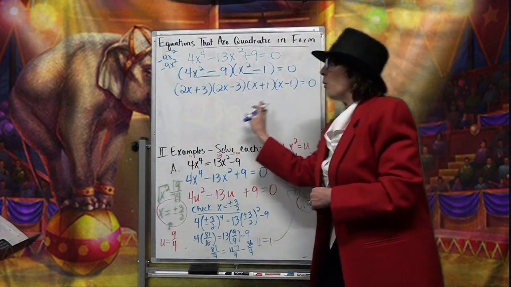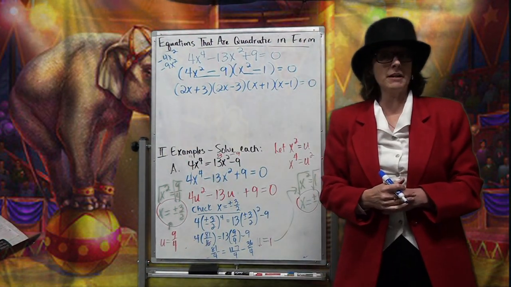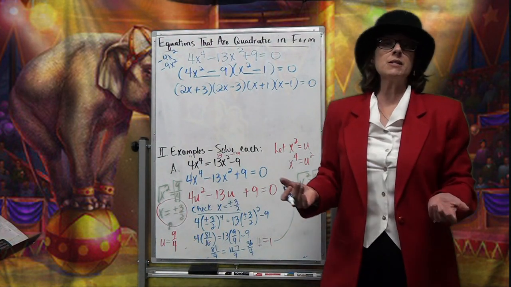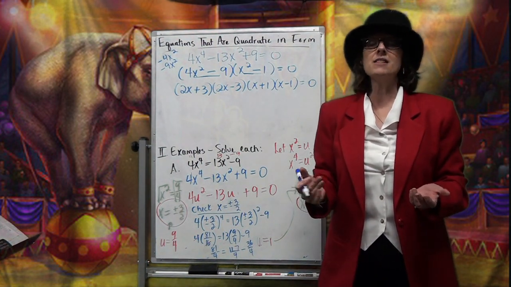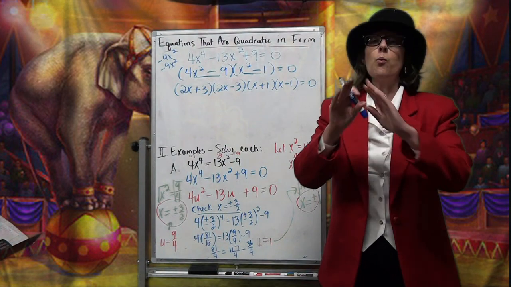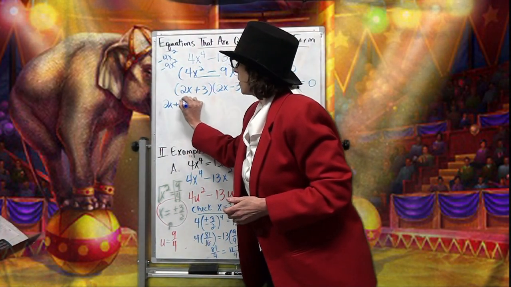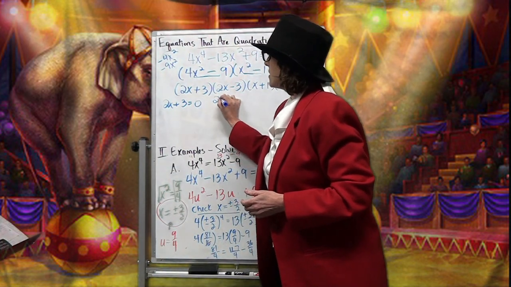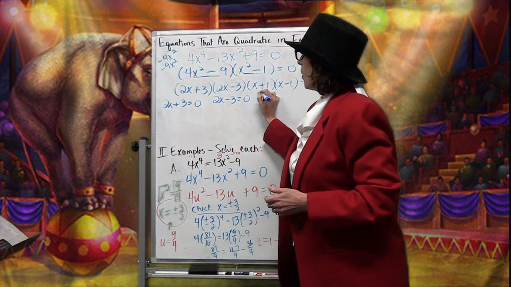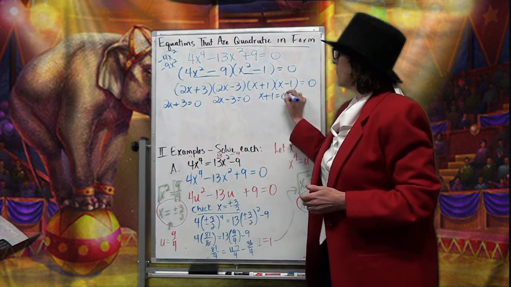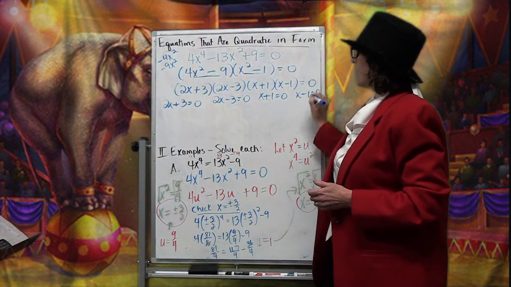And here I've got a whole bunch of parentheses being multiplied together to get a 0. But my zero product principle still says if they multiply together to get 0, one of them has got to be the 0. So either this is the 0, or this is the 0, or this is the 0, or this is the 0.